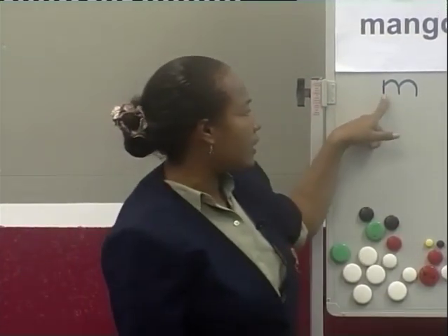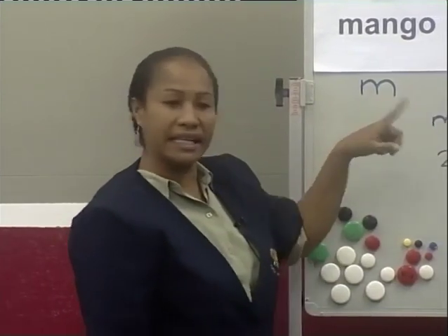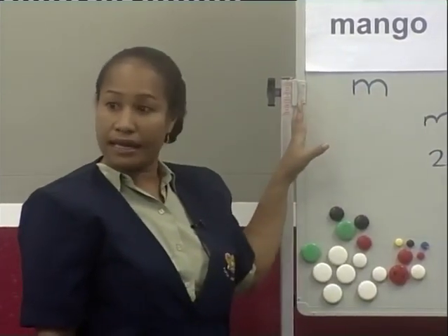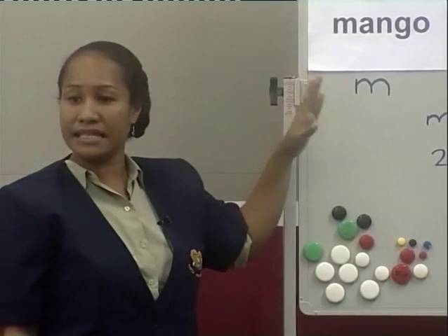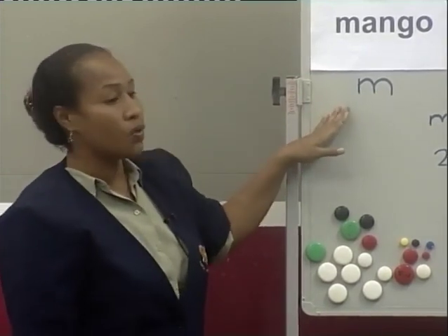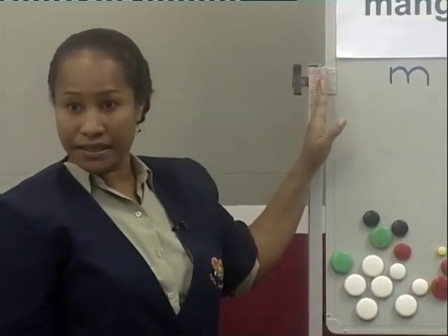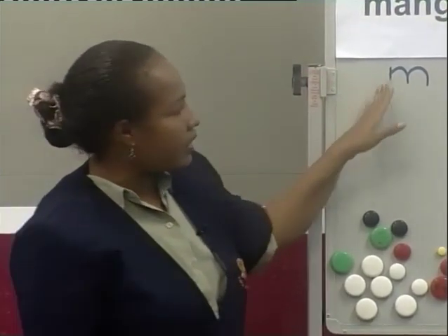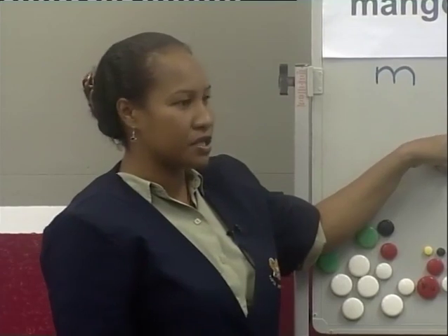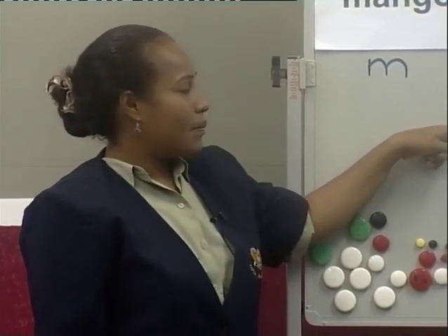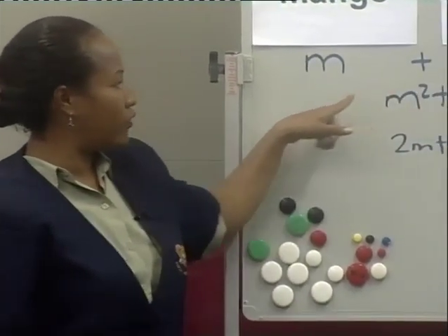So what do we call these 2 M's? What are they known as? Like terms. Because they are the same, they are like terms. So what you did, you brought the 2 M's together. Is that right? Yes. All right, so you say, because we have 2 M's there, M squared plus L and so forth.